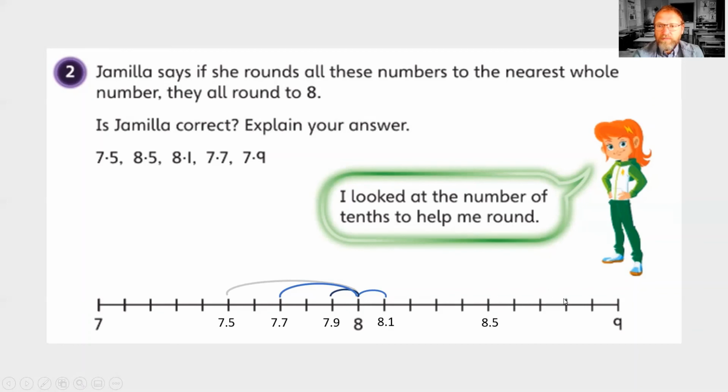So it's the same distance from 8 and to 9. But what's that rule again? If it ends in a 5, we round up to the next whole number. So that would round up to 9. So unfortunately, Jamelia was nearly completely correct with all the numbers, but she was wrong with just one, 8.5.